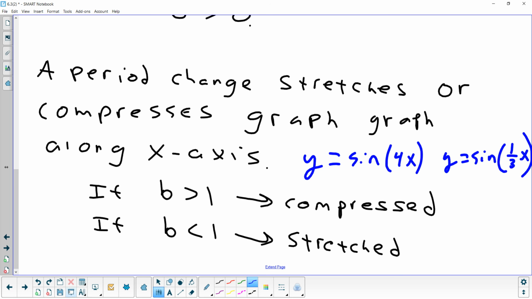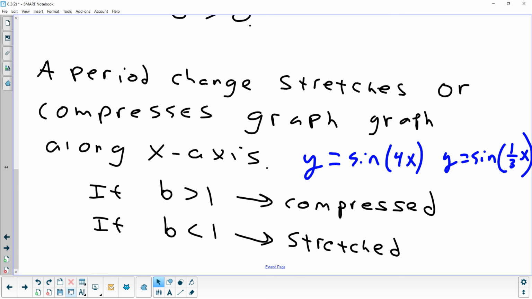If b is less than 1, you get a stretch. The smaller the number, the more stretch you get. 1/10 is going to stretch more than 1/2. 1/10 would make it 10 times as big. 1/2 would make it 2 times as big. Okay. Any questions on that?